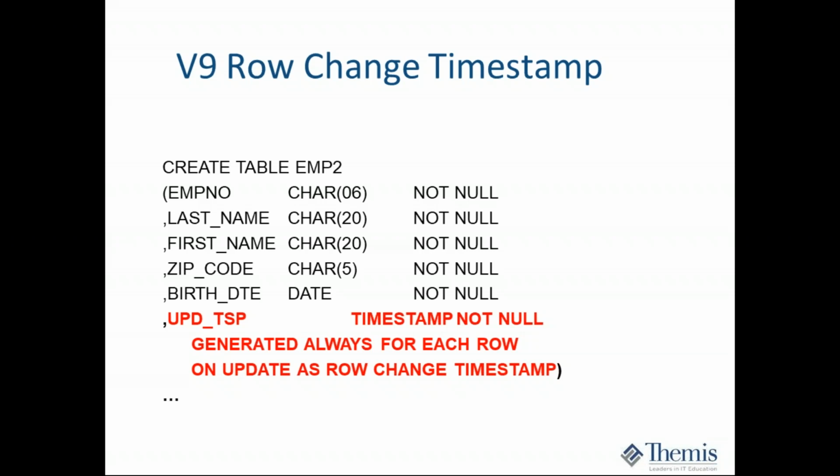Let that happen automatically by DB2 by adding this on the table. It's a great thing. At least at this point, we know when some rows were modified or inserted, either one. Okay. Let's go to the next page here.